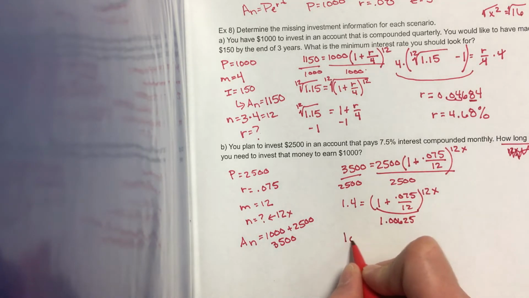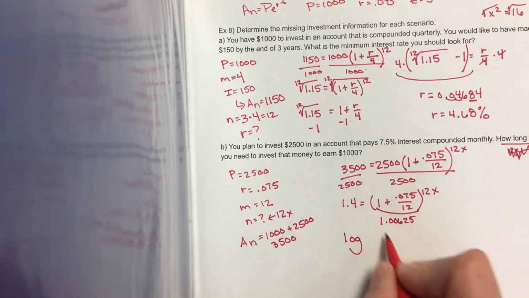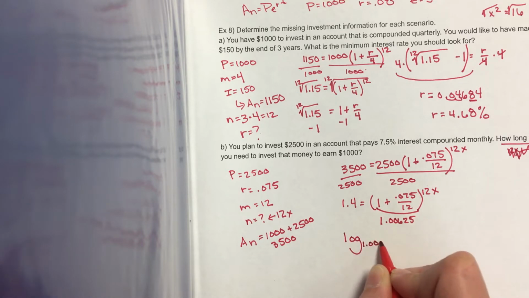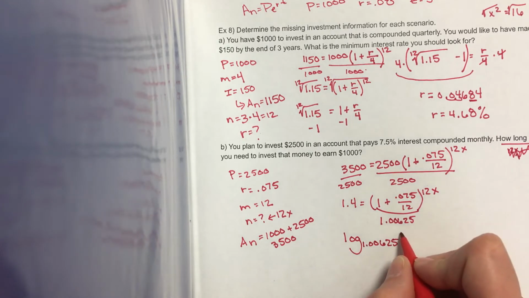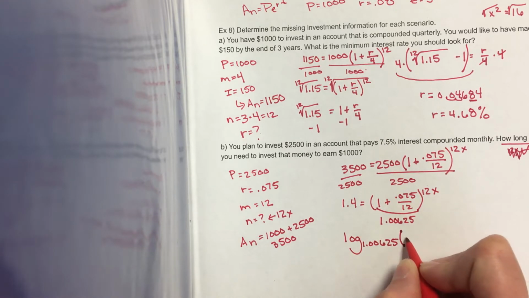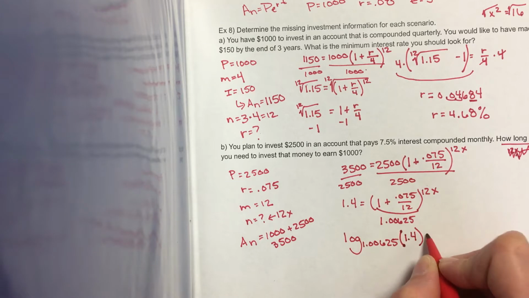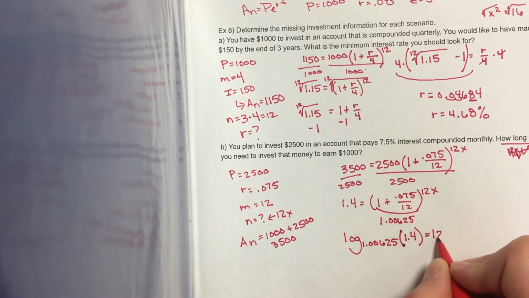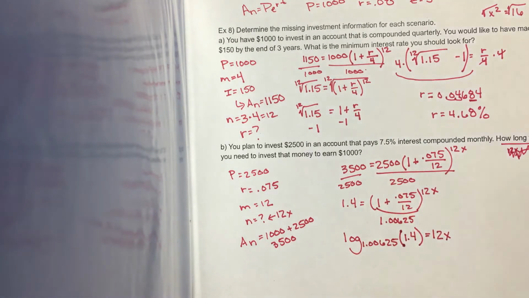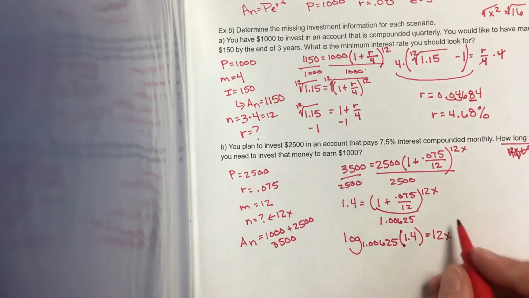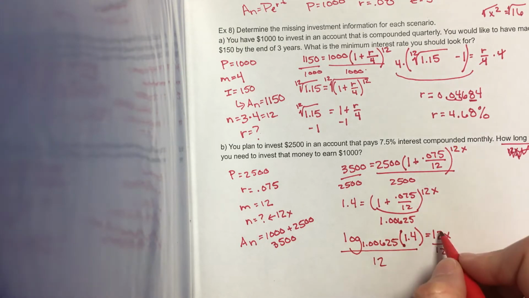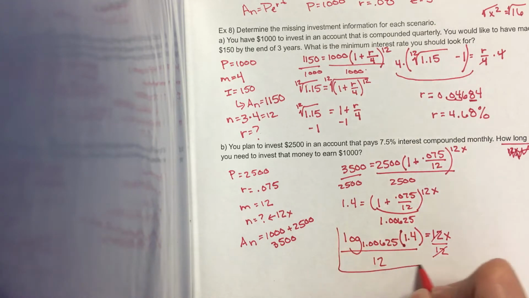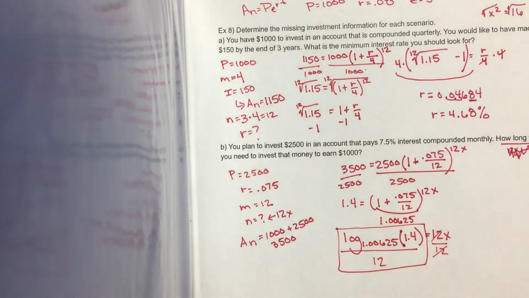So I would have the log base, this thing. Remember, the base for the exponent becomes the base for my log. I'm taking the log of 1.4, and that equals my exponent, 12x. Last step to get x by itself is to divide this entire thing by 12. And then this whole business I can just type in my calculator.